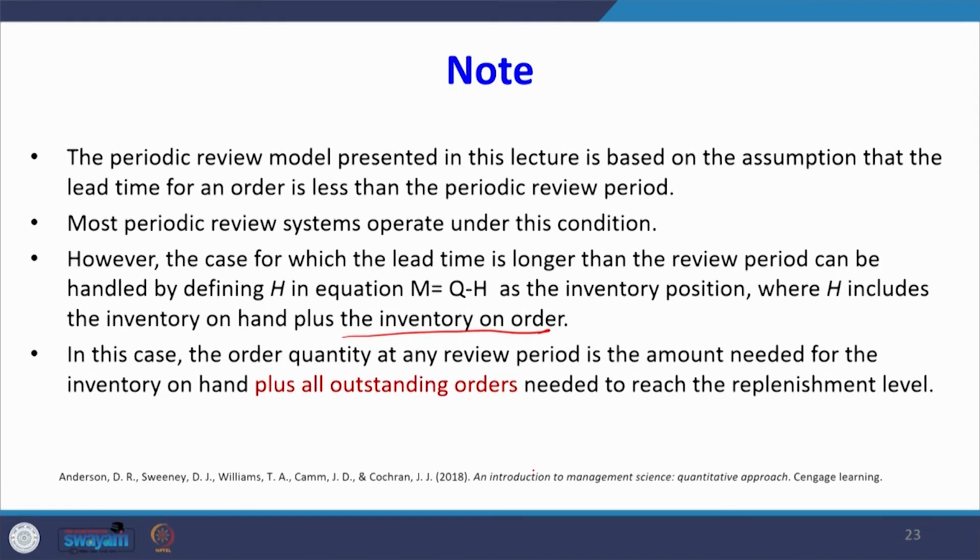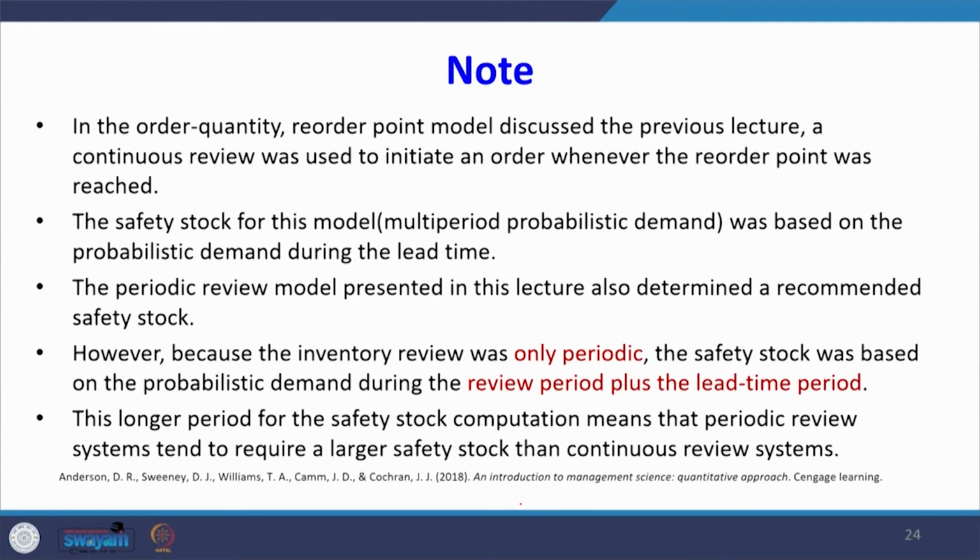This kind of problem we have discussed in our previous lecture also, where the reorder point is greater than the Q. Q is the ordering quantity. In the order quantity reorder point model discussed in the previous lecture, a continuous review was used to initiate an order whenever the reorder point was reached. In the previous lecture, we were discussing the continuous review system.